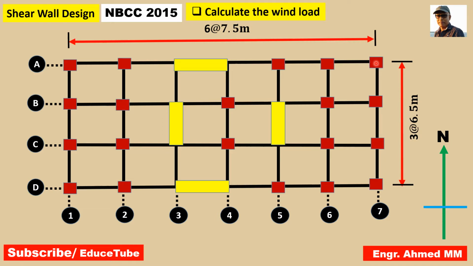And the edge of the building extends 200 millimeters beyond the center of the exterior column. I mean this from here to here, this is 200, and here also 200.